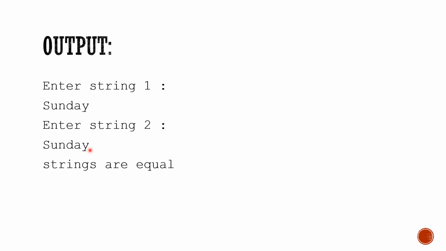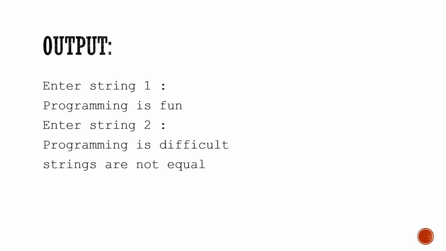The .compare command will compare these strings, so it will display strings are equal because Sunday is equal to Sunday. What happens if we put different strings for str1 and str2? For example, we compile and run again, and it will display enter string 1.